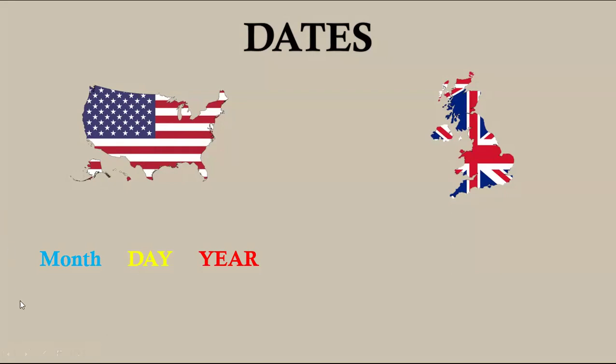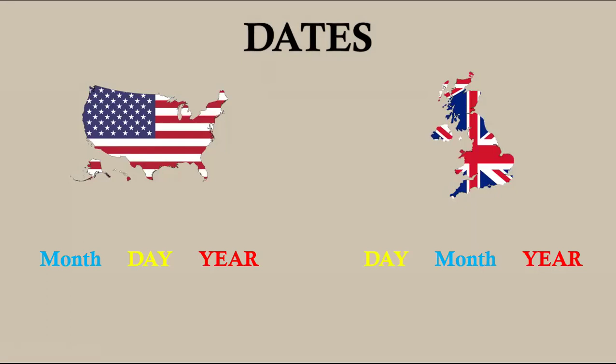So what's the difference in the British way? We interchange the month and the day in the British one. So in an American date, we say it like month, day, and year, and in the British one we say it like day, month, and year.